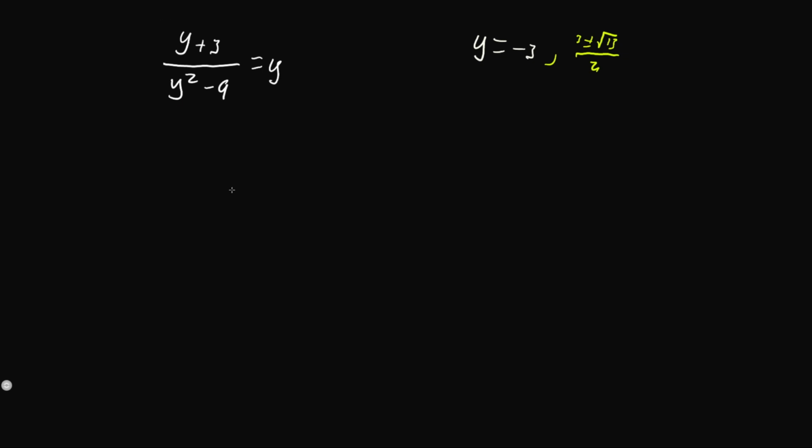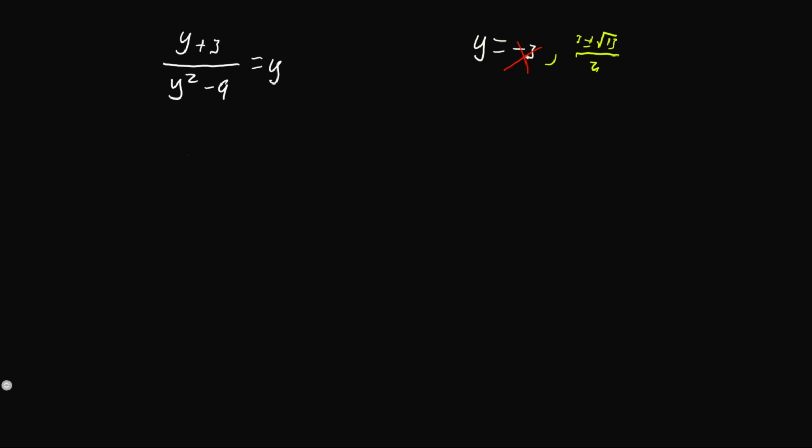So we're going to test out negative 3 first, which we see is an extraneous solution because it is going to be 0 divided by 0 is equal to 3, which is false. So we're going to cross negative 3 out. So now what we are going to do is look at one of the solutions here.